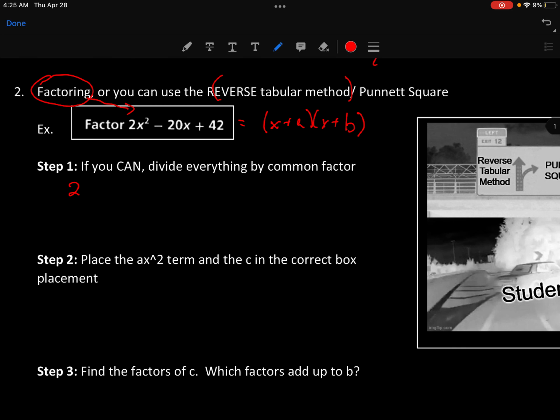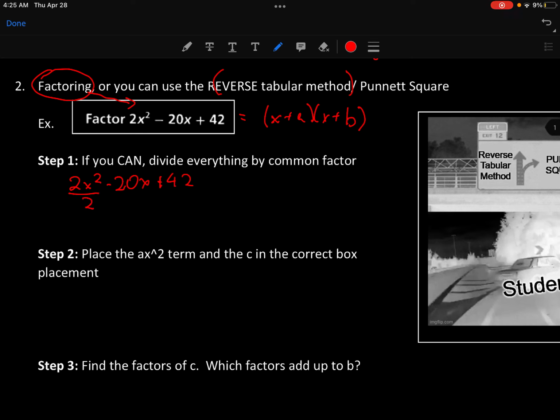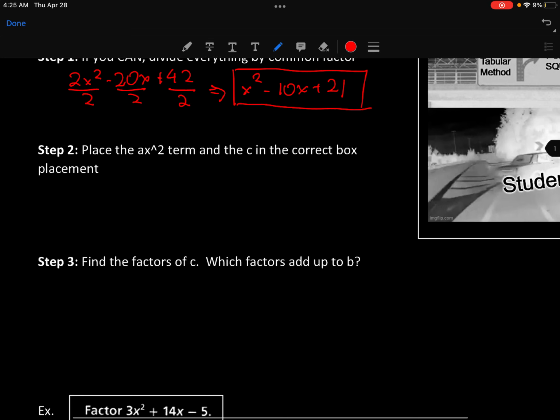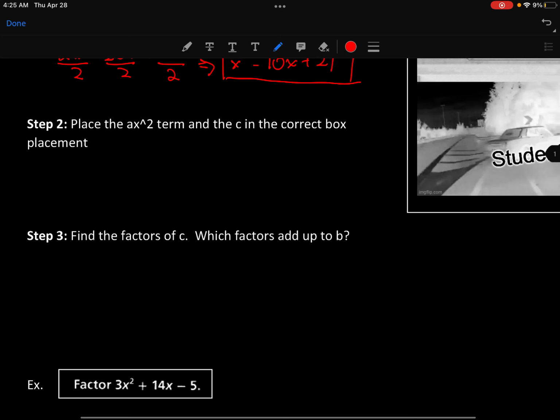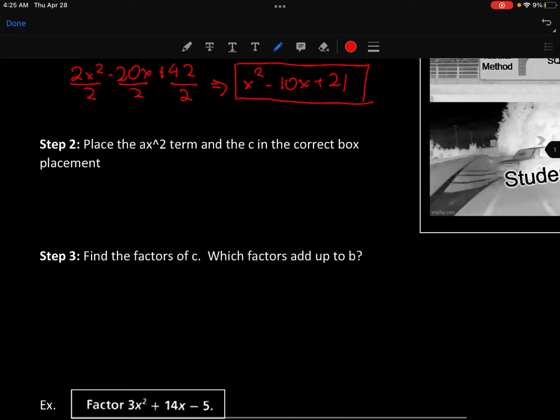If you look at 2x squared minus 20x plus 42, we notice that everything here can be divided by 2. So divide everything by 2. And you're left with x squared minus 10x plus 21. Okay? That part we are done. Step number 2. Place the ax squared and the c term in the correct box placement.